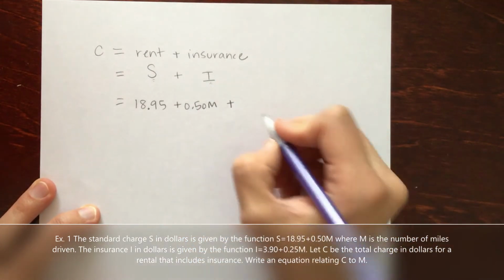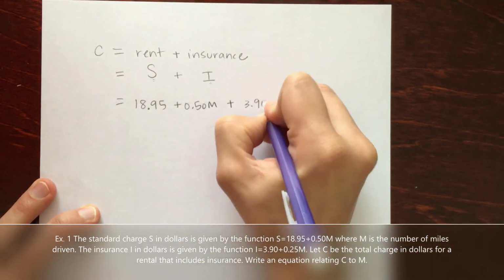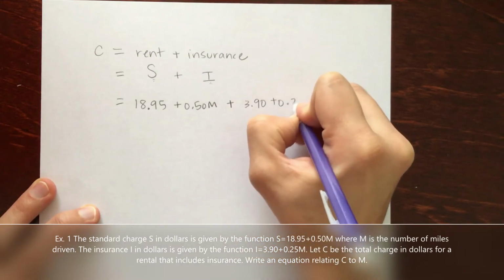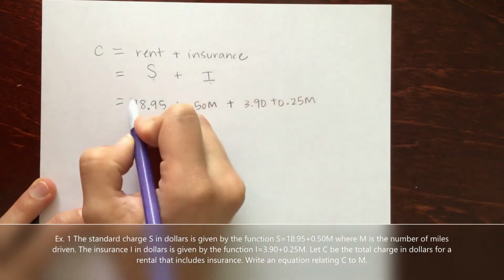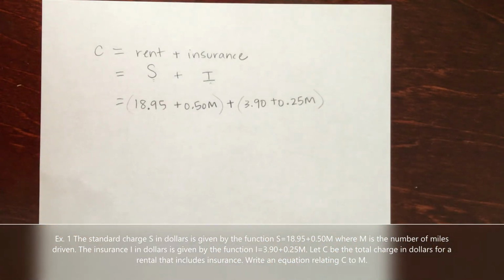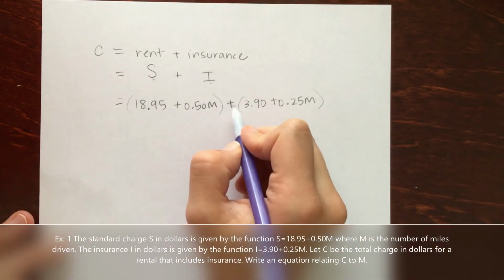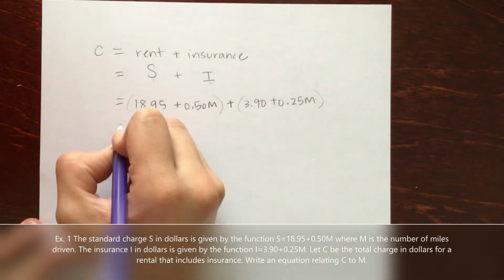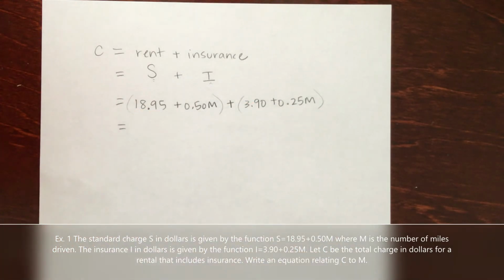And what is I? 3.90 plus 0.25m. You could put parentheses around these if you wanted to make it super clear what was S and what was I. But since there's a plus sign here, I'm not going to have to distribute anything, so the parentheses are pointless, just extra notation that doesn't help us.